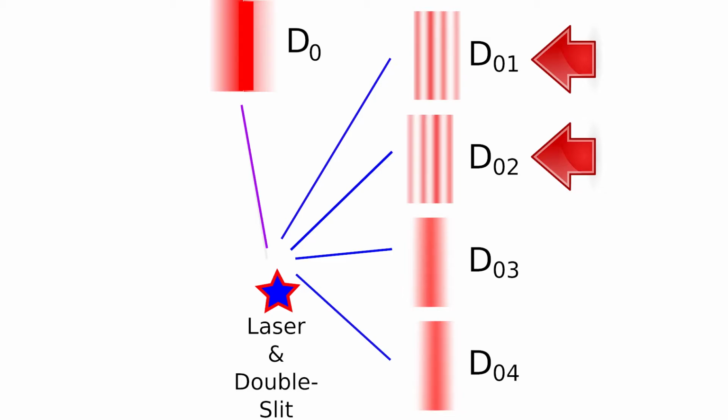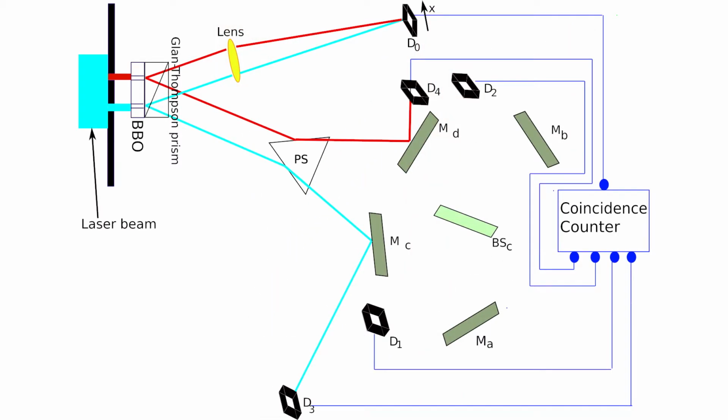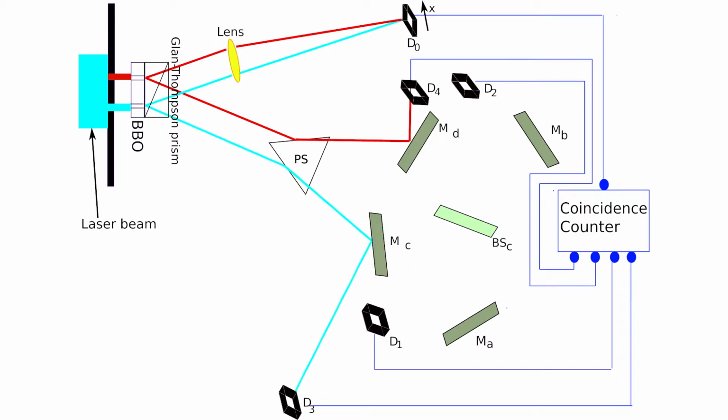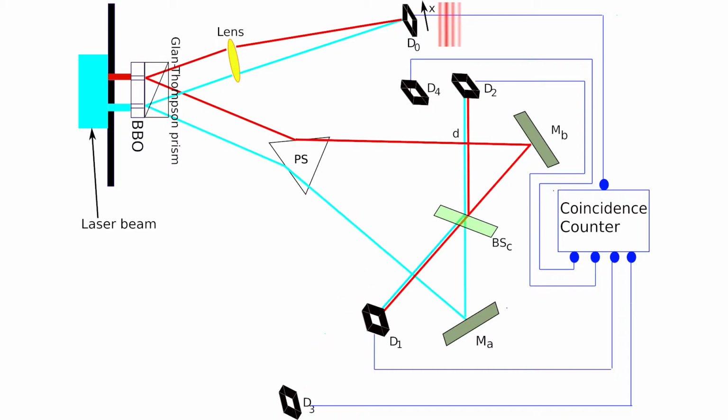If you replace splitters BSA and BSB with mirrors you can turn on and off, then you can control whether the photons have their which way information erased or detected after their entangled partners have already hit detector D0. By activating the mirrors, which should remove the interference pattern on D0, or by deactivating the mirrors, causing an interference pattern to be detected at D0.